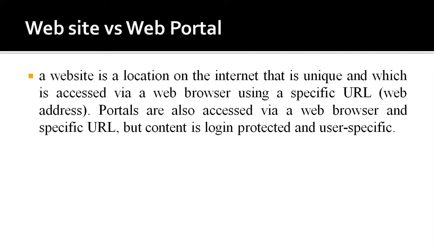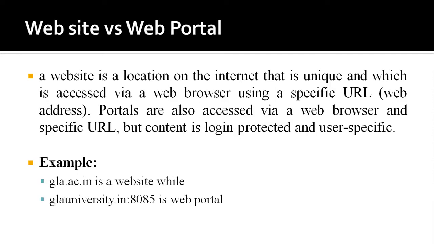A website is a location on the internet that is unique and which is accessed via a web browser using a specific URL or web address. While a web portal is also accessed via a web browser and a specific URL, the content is login protected and user specific.